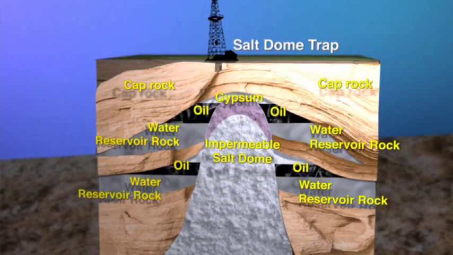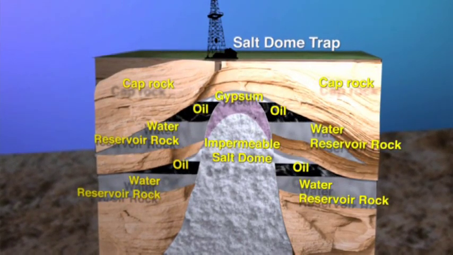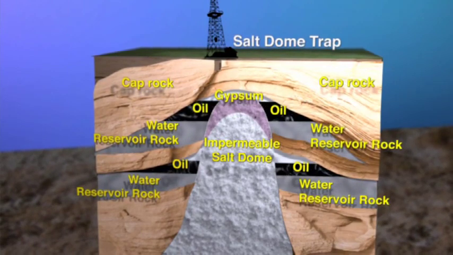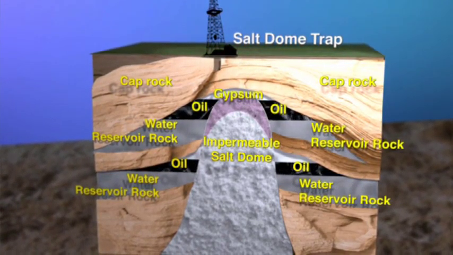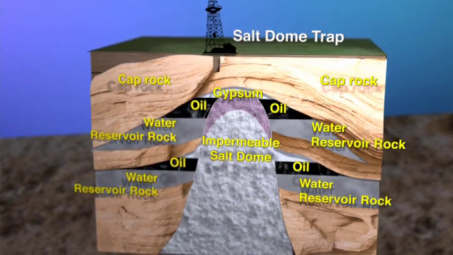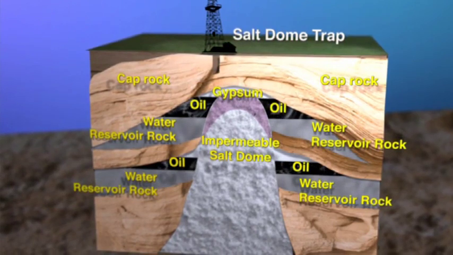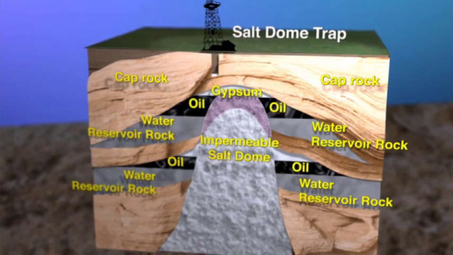Now, later on, once you add clay and sand on top of the salt, it turns very squishy, and it kind of acts like toothpaste, and it's very light, and so you squish it down with that sand and clay, and it can squirt back up to the surface in what is called a salt diapir or a salt dome.